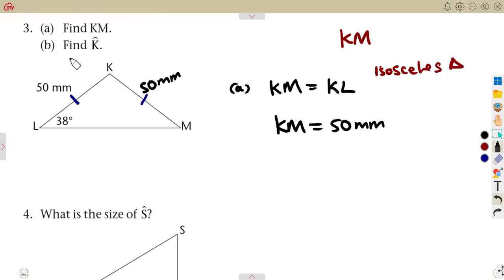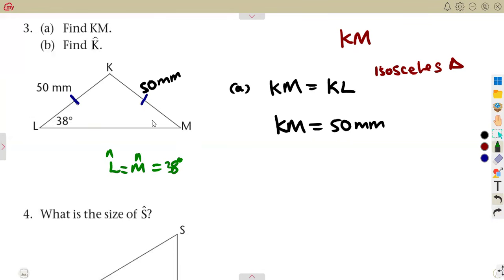Another part is to calculate or to find this angle K. Okay. Let's start with angle M. We are not asked about this, but we need to know that. Remember from the isosceles triangle that the angles opposite the equal sides are supposed to be equal. So angle L is equal to angle M. Remember that. From the base angles of an isosceles triangle, angles M and L will be equal.